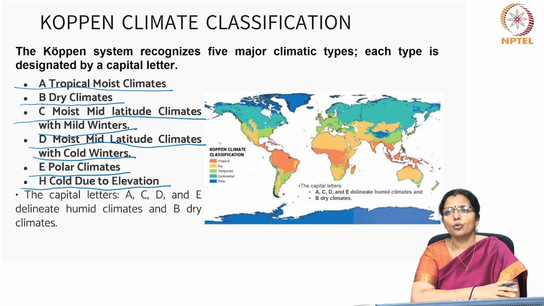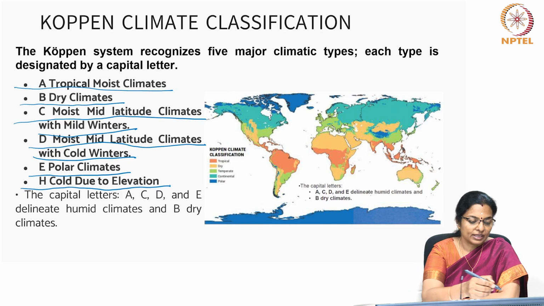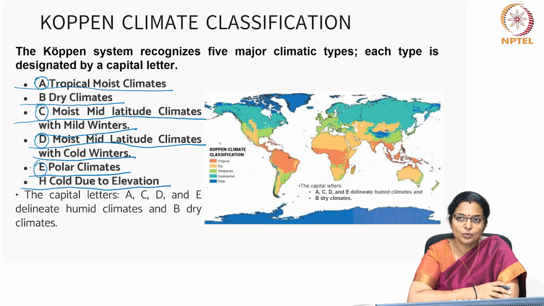So, you notice how A, C, D and E represent humid climates, whereas B stands for a dry climate. The system helps us understand and communicate about the different climates across the globe.